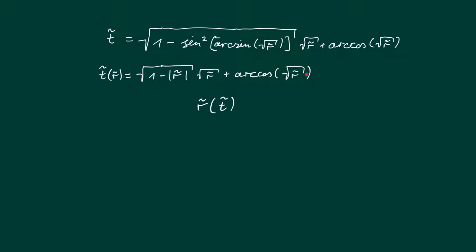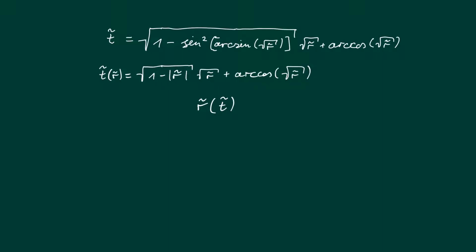And the problem with this expression is that one cannot rewrite it simply into this form. One cannot solve it for the distance r, but we can look at the extreme cases.